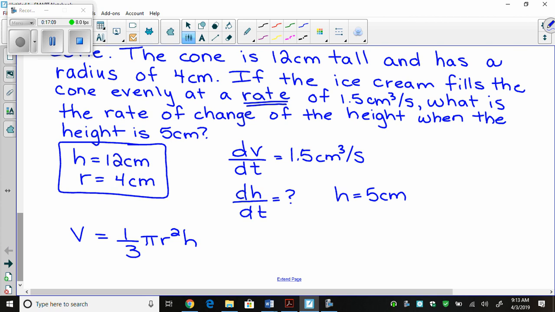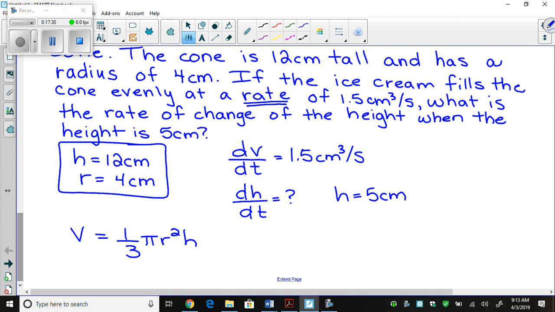What's the problem with this related rate equation? We have 3 variables, correct? We don't know the radius to plug in. We also don't know dr over dt. So if we keep r in here, we've got super issues. Plus, we're going to have product rule, which also sucks.